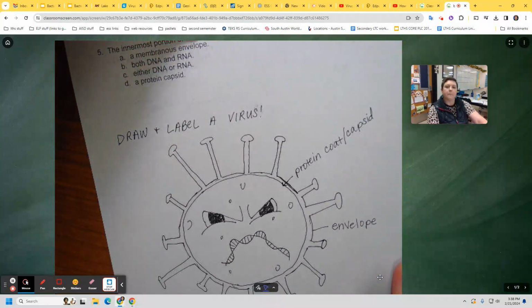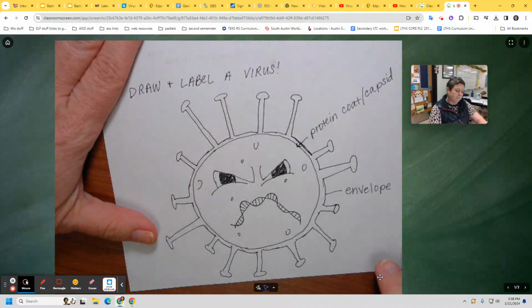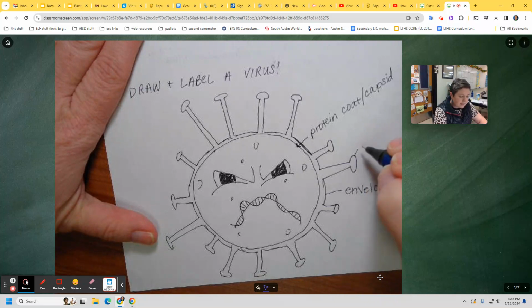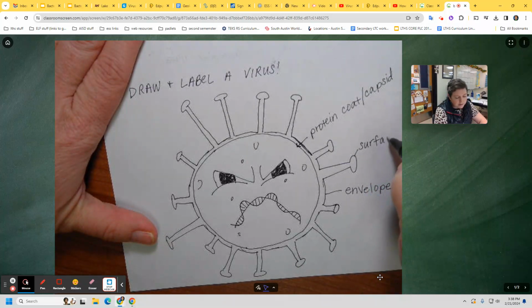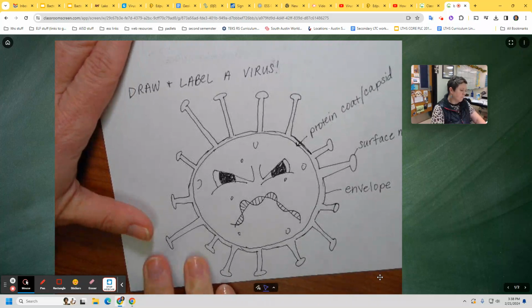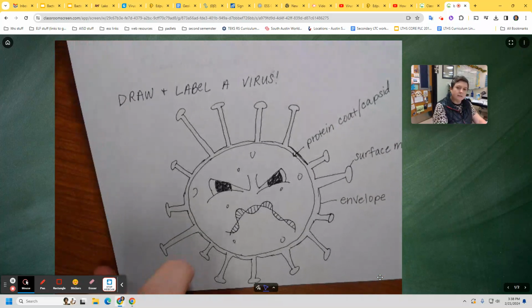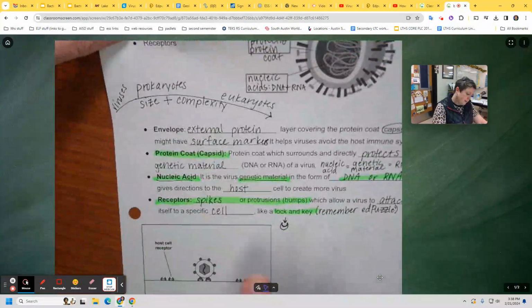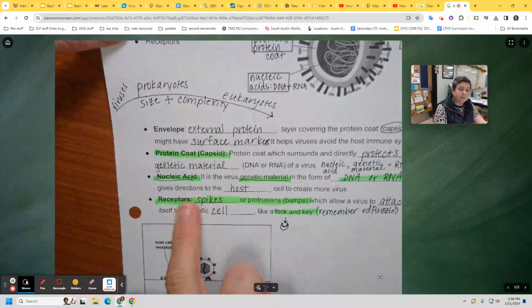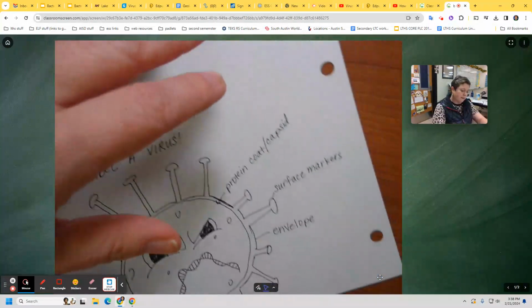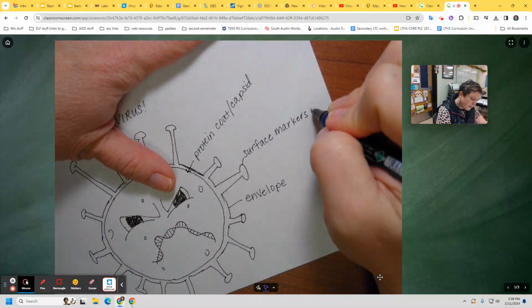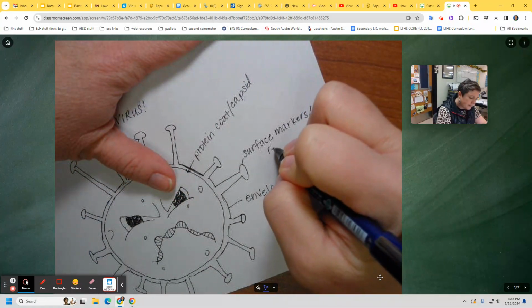These little guys are surface markers. Does it call it anything else over here? Receptors. So we can say surface markers / receptors.